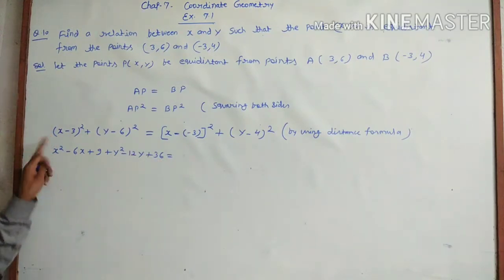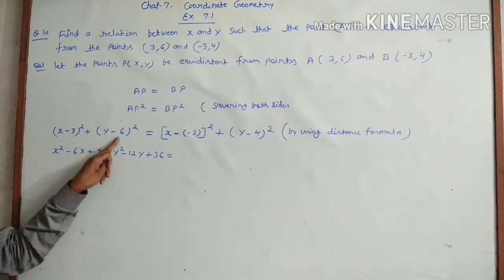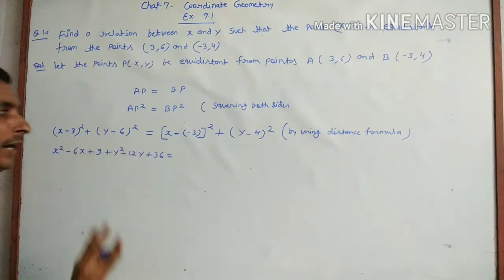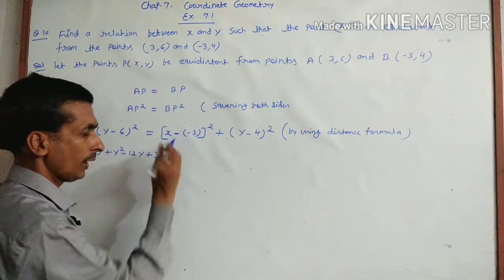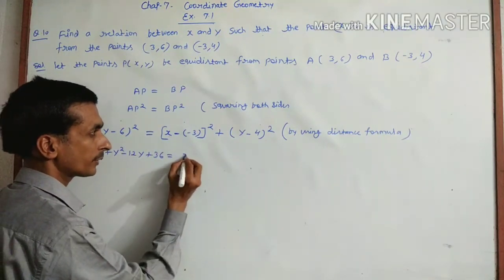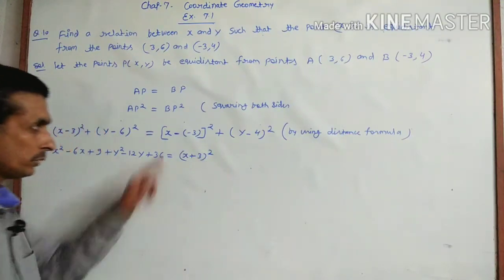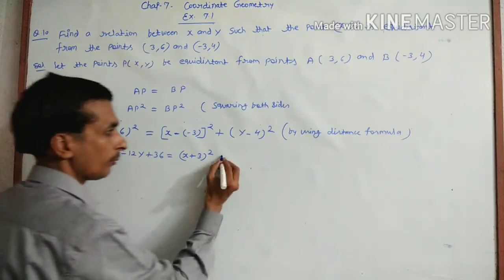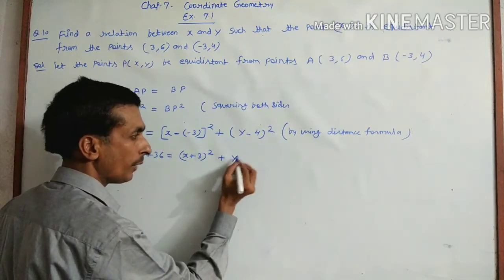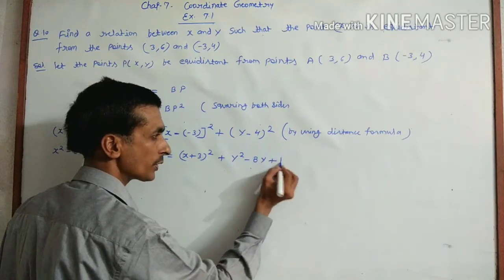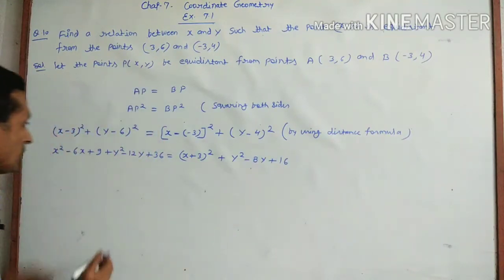Similarly here x plus 3 whole square, a plus b whole square, y minus 4 whole square: y square, 2ab, 4 times 2 is 8, 8y, and 4 times 4 is 16. So this one is complete.